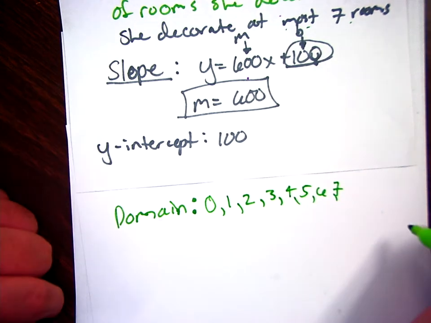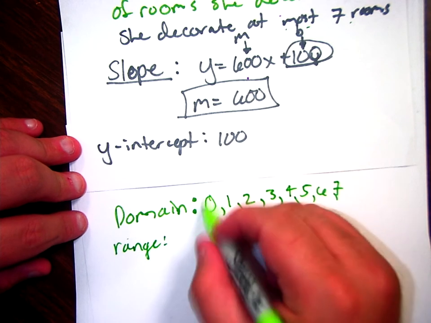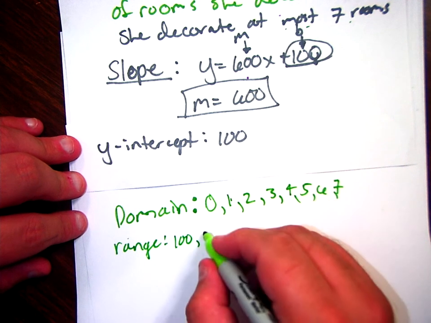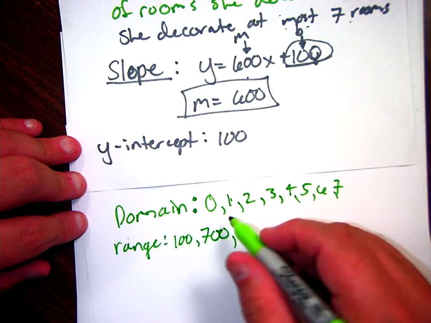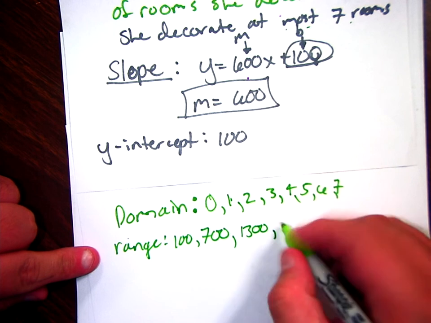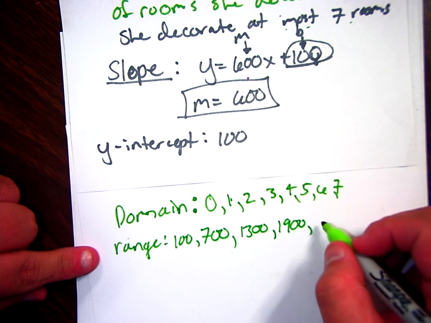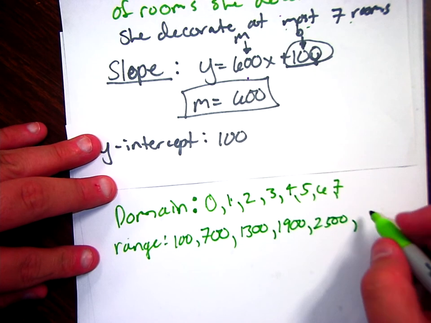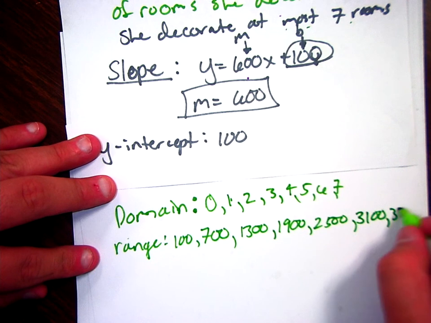Now, our range. If she decorates 0 rooms, how much money would we pay her? $100. She decorates 1, we pay her $700. She decorates 2, $1,300. 3, $1,900. 4, you see I'm just adding 600 every time. 4, $2,500. 5, $3,100. 6 would be $3,700.